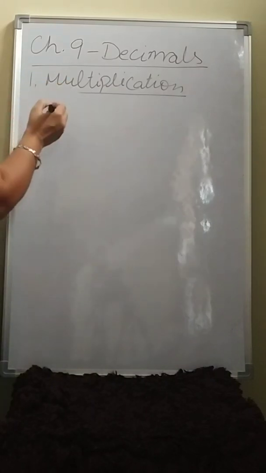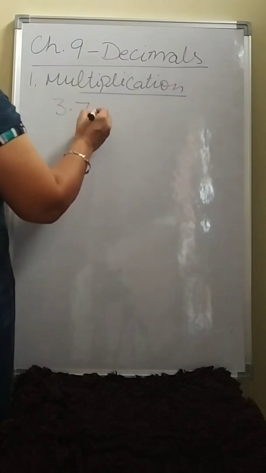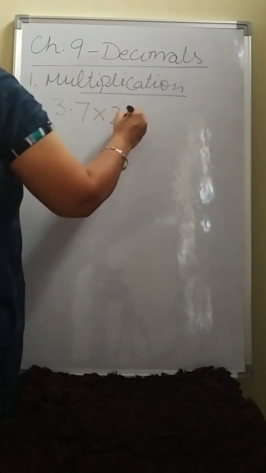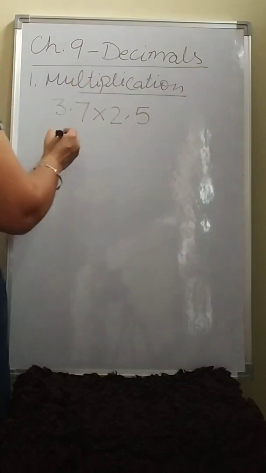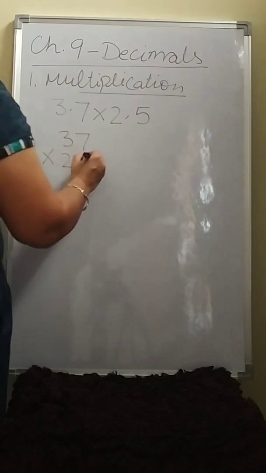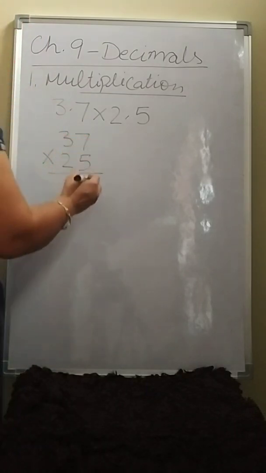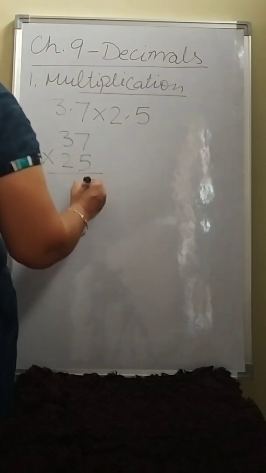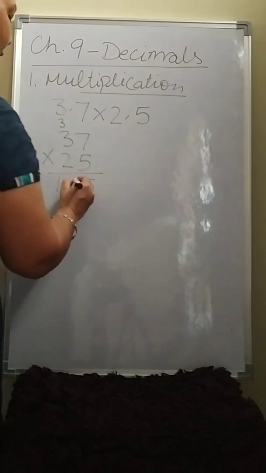Now next, decimal numbers are there, like we have to multiply 3.7 into 2.5. We can simply multiply these numbers like 37 into 25 without taking decimals. This is 5 7s are 35, 3 is here, 5 3s are 15 and 3 is 18.